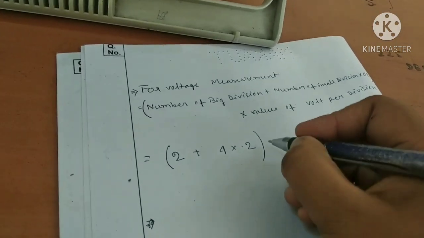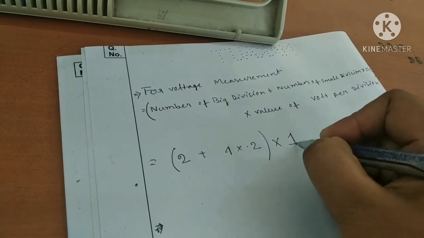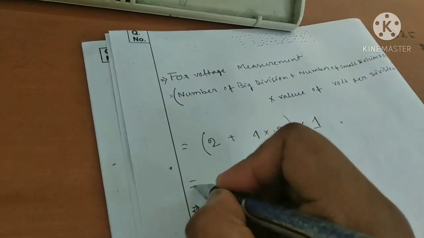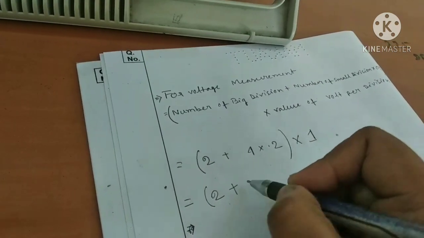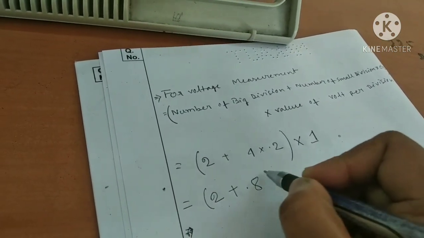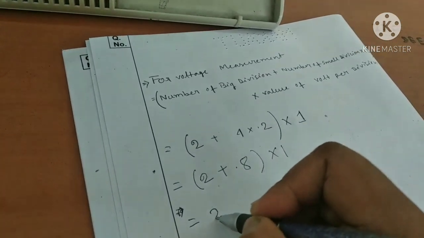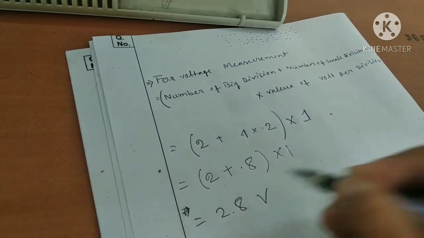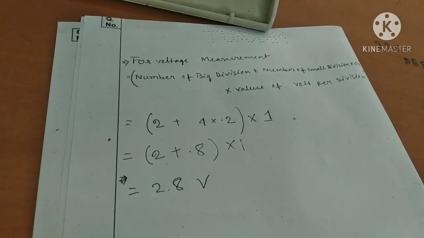Then we multiply by the volt per division value for channel 1. So we get (2 + 0.8) × 1, that is 2.8 volts, and this is the voltage of that signal.